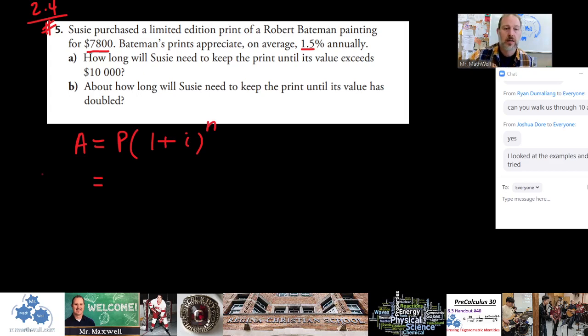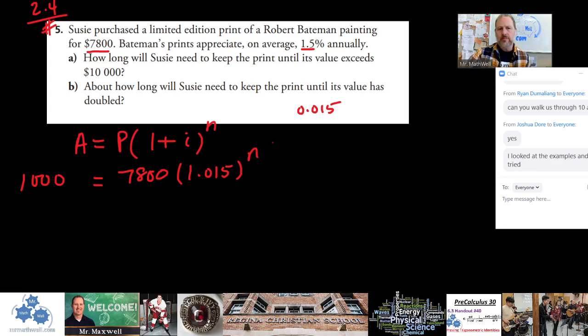So how long is going to be the n? How many years? So let's say 10,000 is here, and principal is 7,800, and we've got 1.5%, so as a decimal, that is 0.015, plus 1 is 1.015 to the power of n.